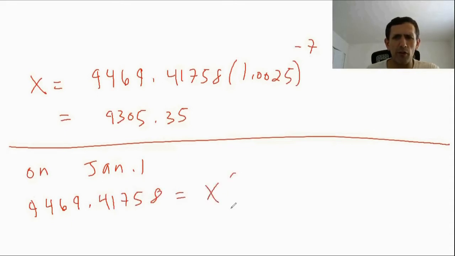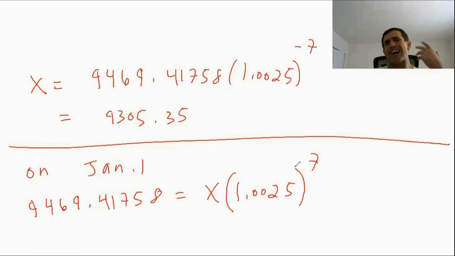But on January 1st, I'm going to have X times 1.0025 to the 7, because on June 1st, I deposit X. That accrues 7 months of interest at the effective monthly interest rate of 1.0025. So it's X times 1.0025 to the 7th. Multiply both sides by 1.0025 to the minus 7, to get the same answer of 9305.35.